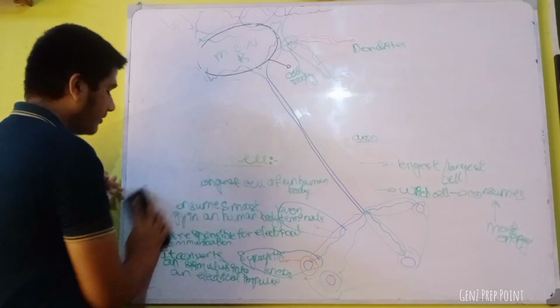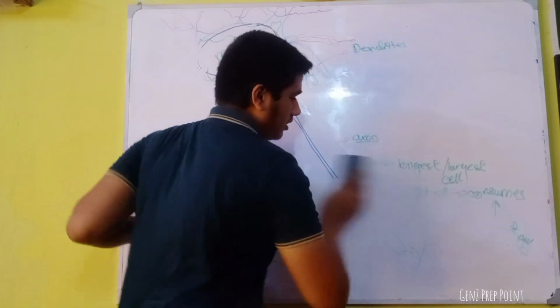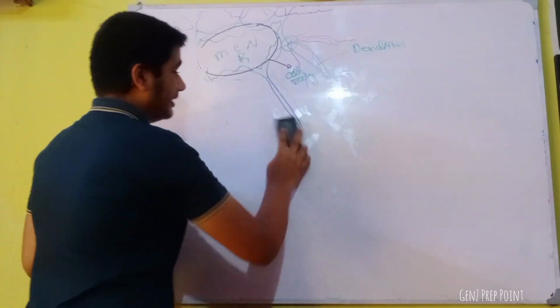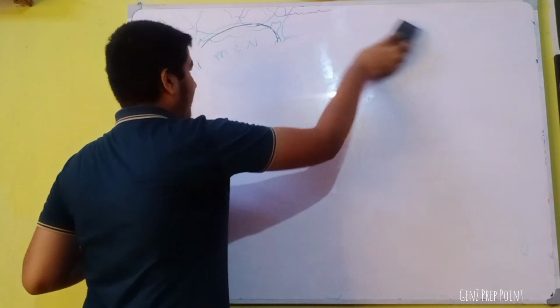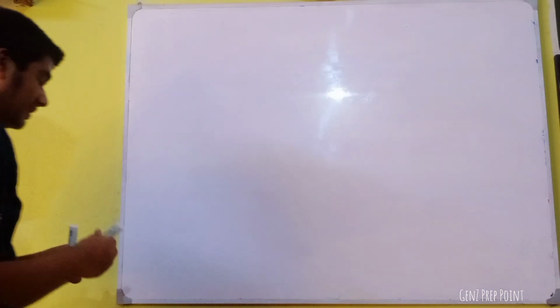Now we will be moving to the phloem and the xylem, the easiest topic of all. We will be doing xylem and phloem at this point of the video, at this level of the specialized cell, because I don't want to burden you further in the transport of nutrients in plants. So first, let's draw the diagram.